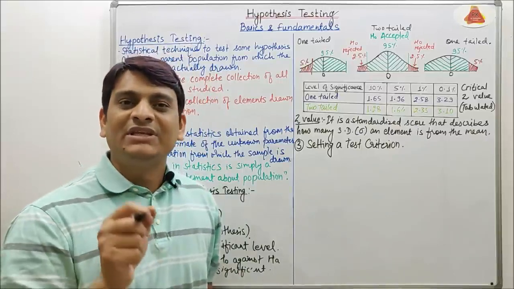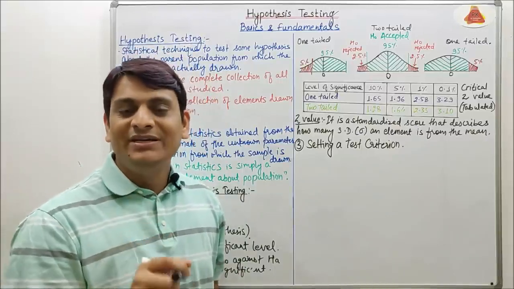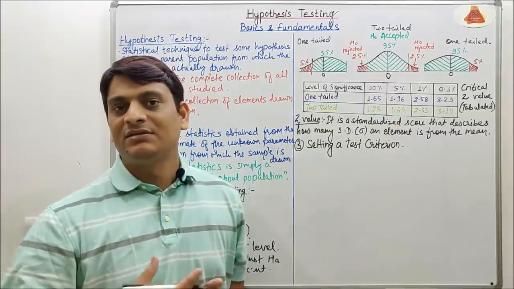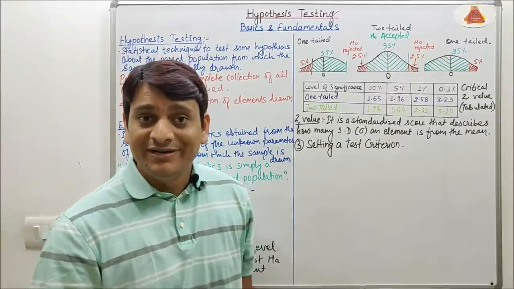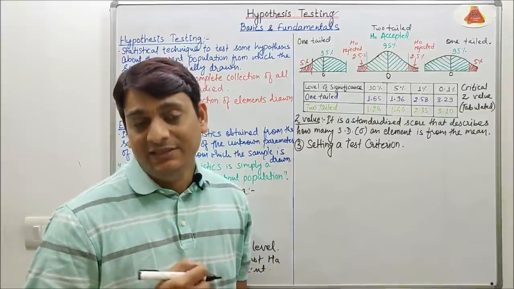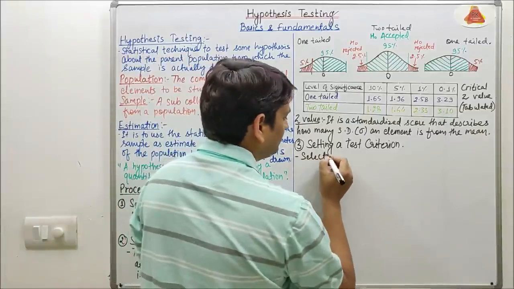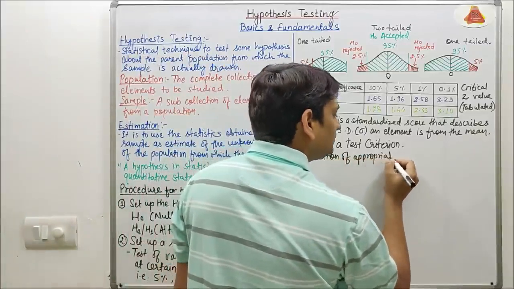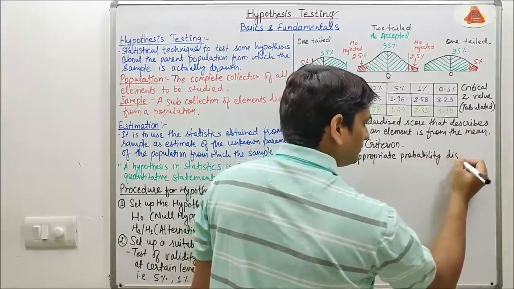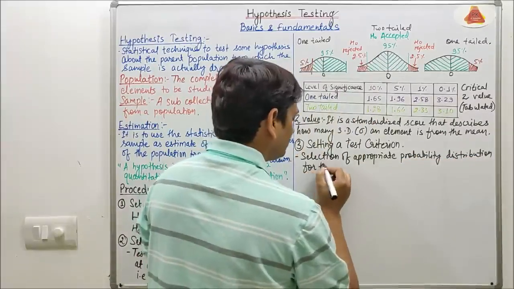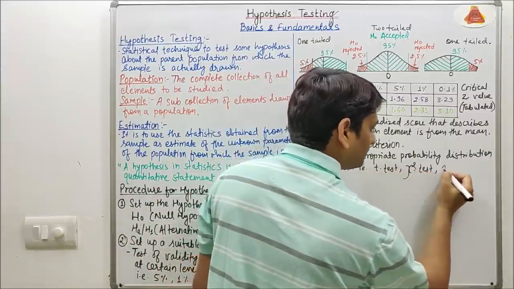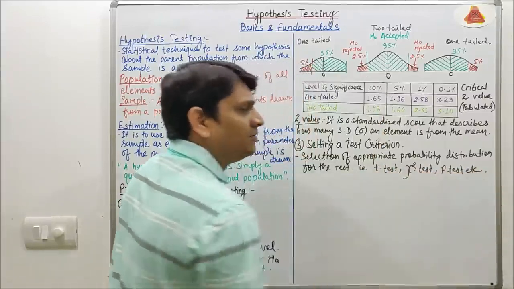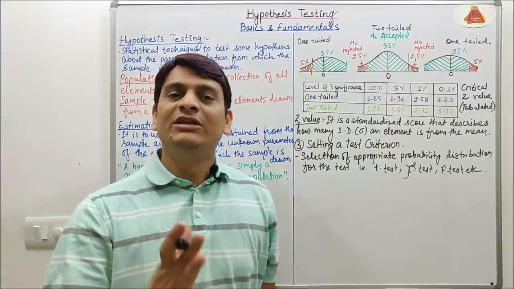Now coming to the third step, which is setting a test criterion. In this step, selection of the appropriate probability distribution takes place, and some probability distributions are Student's t-test, chi-square test, Fisher's F-test, etc. Now coming to the fourth step, which is doing computation.